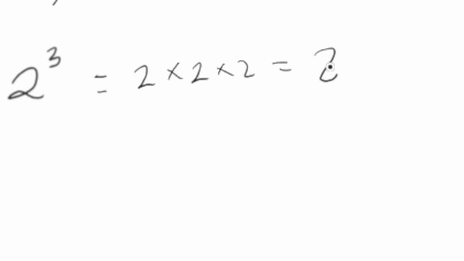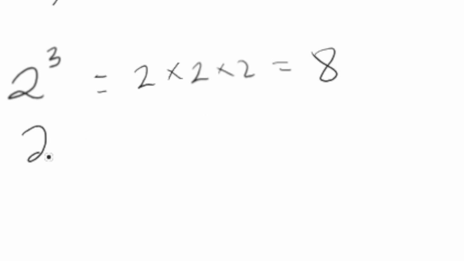So let's use this for example. Let's say 2 exponent 3. We know that 2 exponent 3 is 2 times 2 times 2, which is 8.